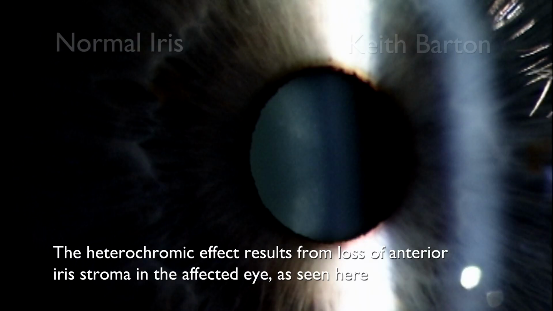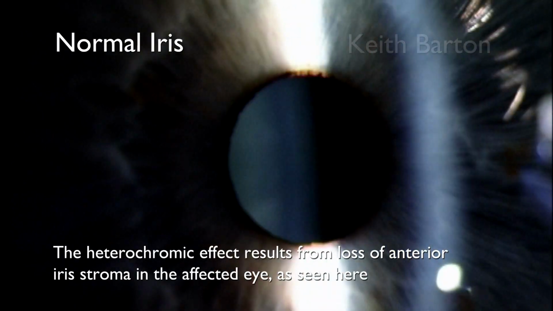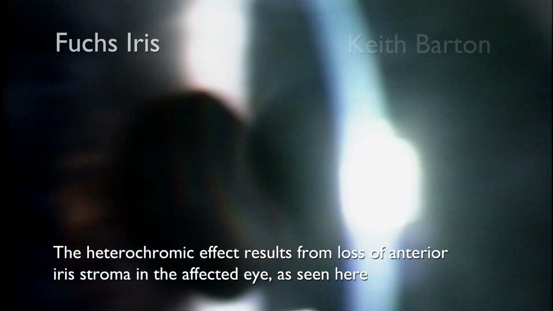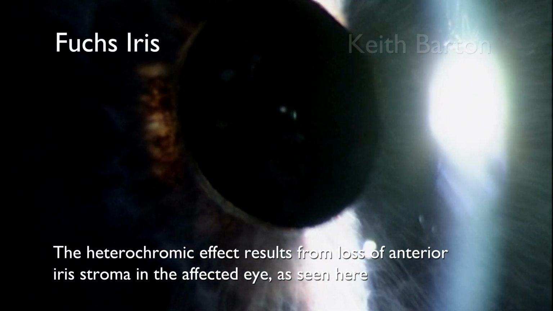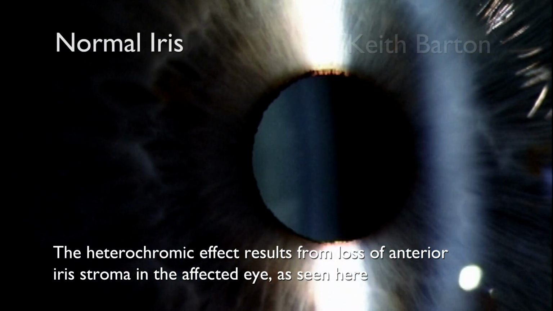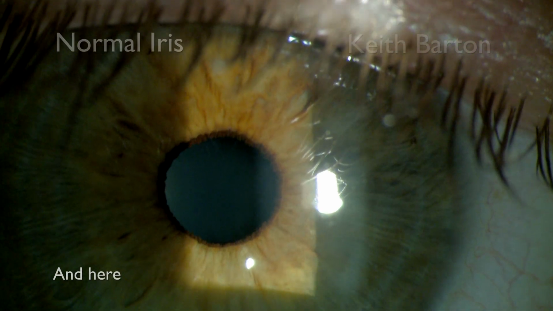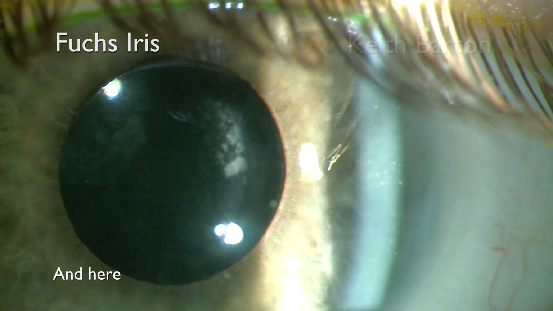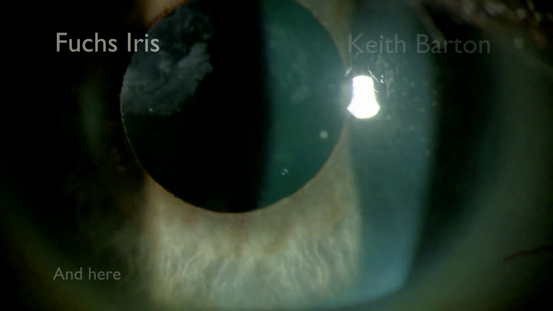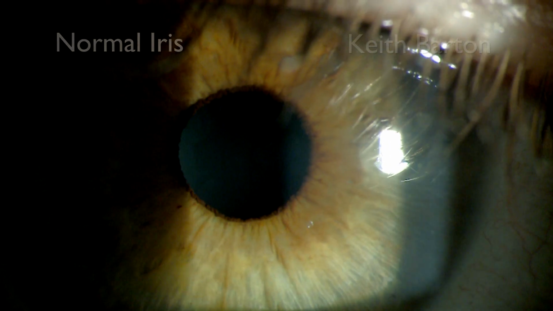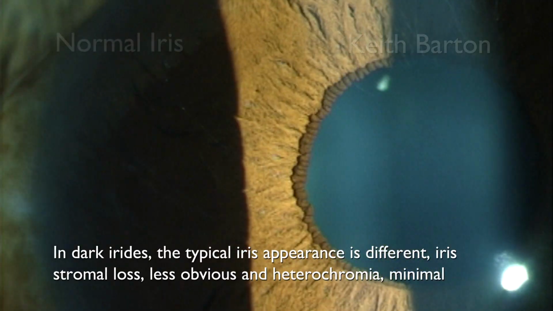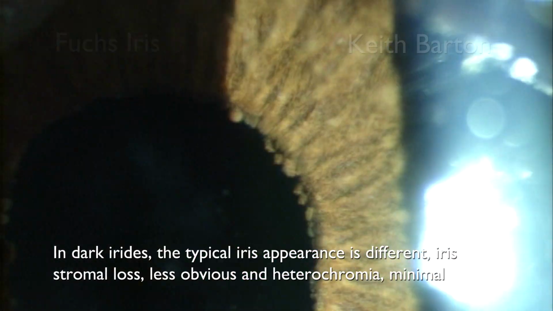The heterochromic effect results from loss of anterior iris stroma in the affected eye, as seen here, and also in this case. In dark-colored irides, the typical iris appearance is different.